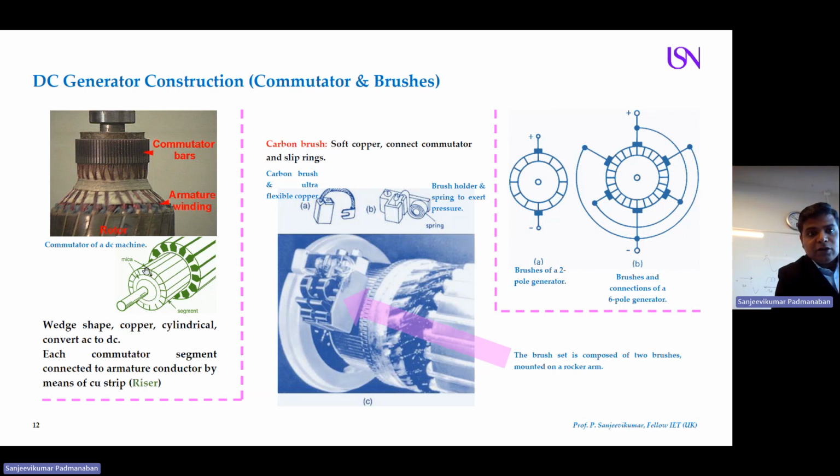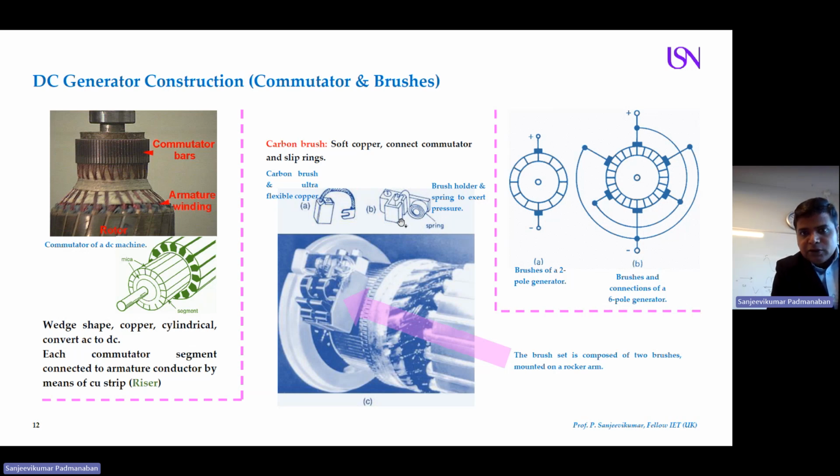They are connected with the commutator and slip ring, and they always touch. They are made of a carbon material, and they have ultra flexible copper. They are flexible, can be rotated, and of course they can have tangential movements.